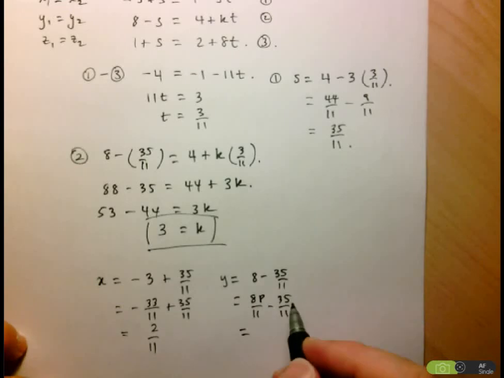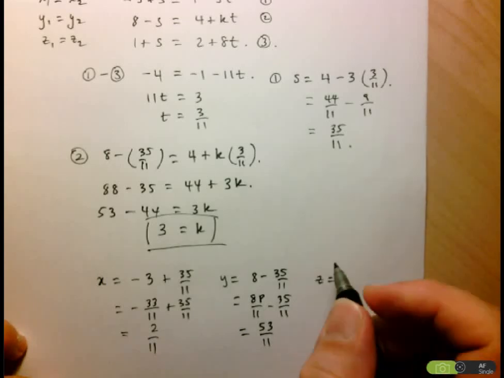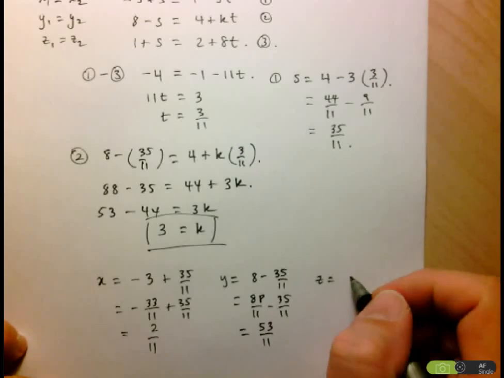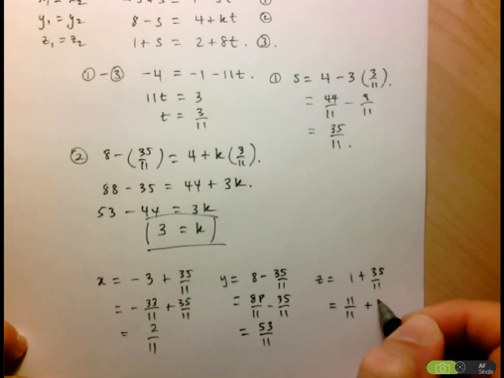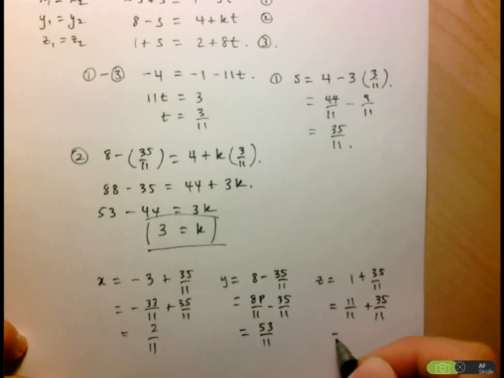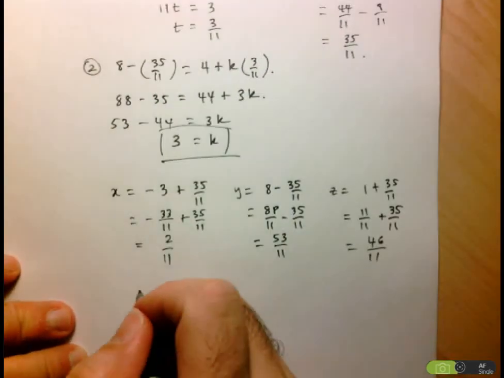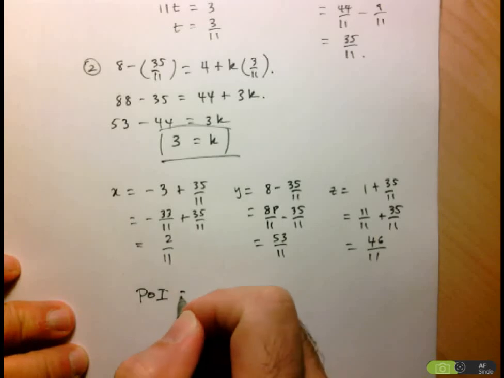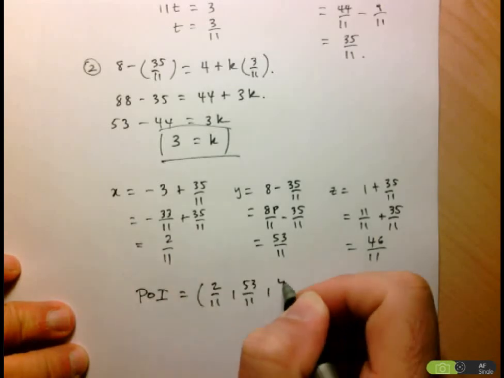So 88 minus 35 is 53 over 11. And then lastly, the z component is given by 1 plus s, so 1 plus 35 over 11, so 11 over 11 plus 35 over 11 is equal to 46 over 11. And so my answer for part B, the point of intersection, is just equal to 2 over 11, 53 over 11, and 46 over 11.